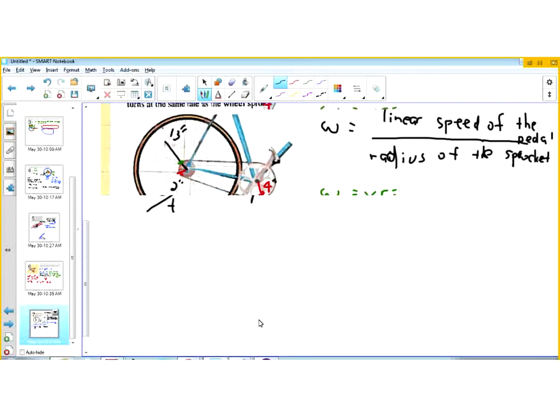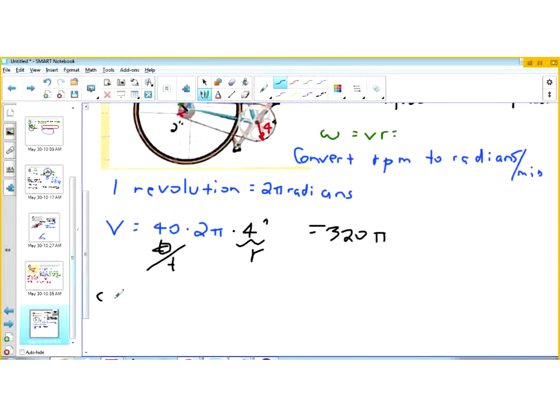So then omega would be 320 pi divided by the radius of the wheel sprocket, which is 2, and so that would be 160 radians per minute.